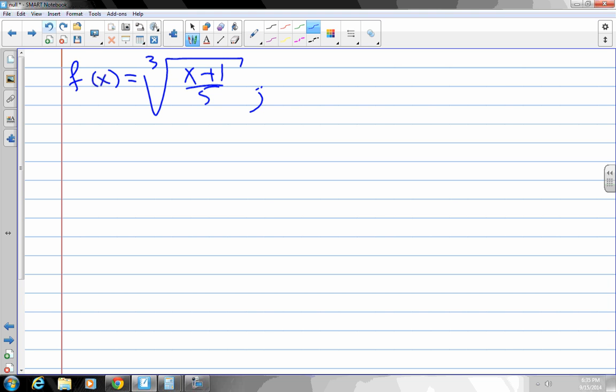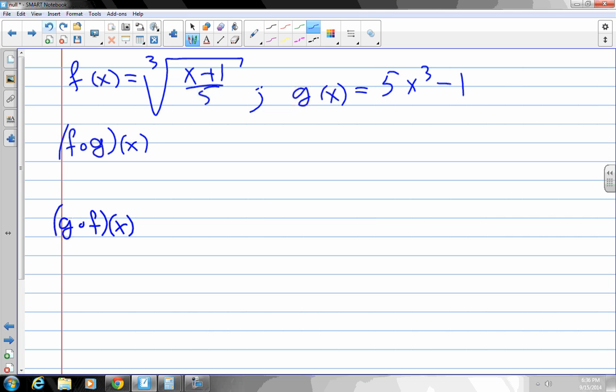And the other one, g of x, is 5x cubed minus 1. So I want you to find the composition both ways and tell me what it is. f of g and g of f.